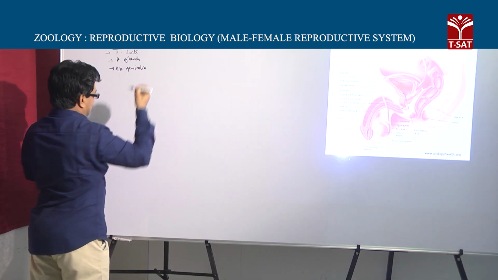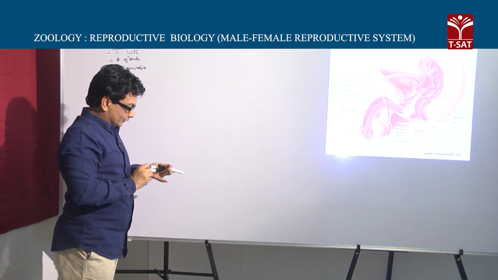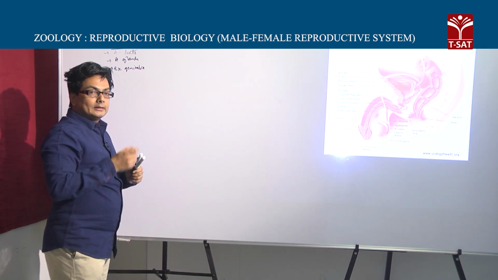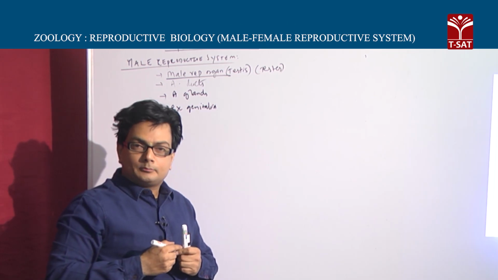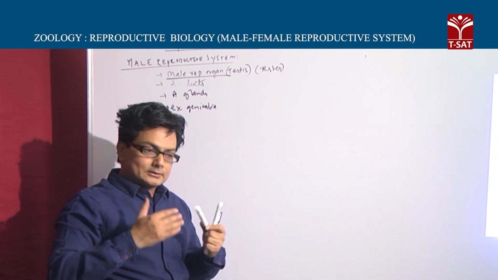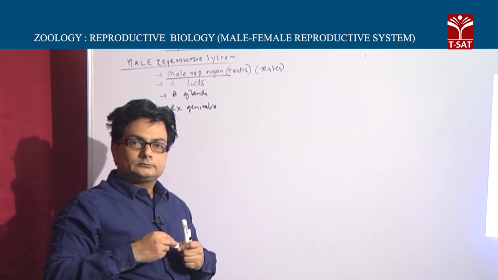So let's start with the male reproductive organ, the testis. The testis in the human male is present in a structure which is called the scrotum. The scrotum is outside the abdomen.